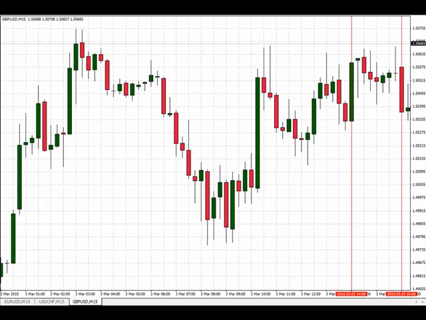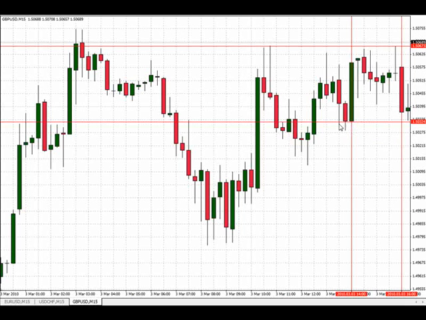We also need to draw horizontal lines at the price points, the high price point in between this time frame and the low price point in between this time frame. So we get the horizontal line tool and click at the high point, and we get the horizontal line tool and click at the low point. So now we have our horizontal lines, and that actually is off just a little bit.